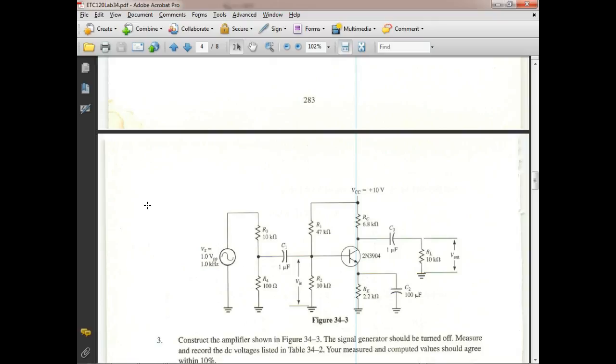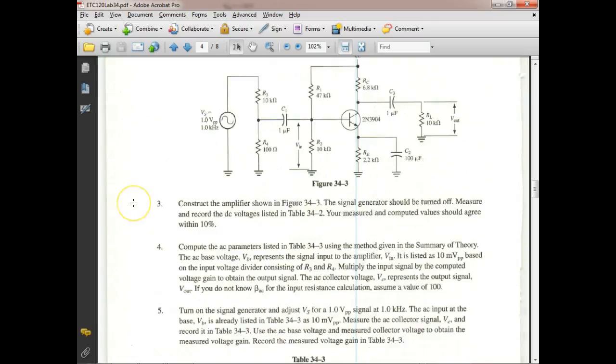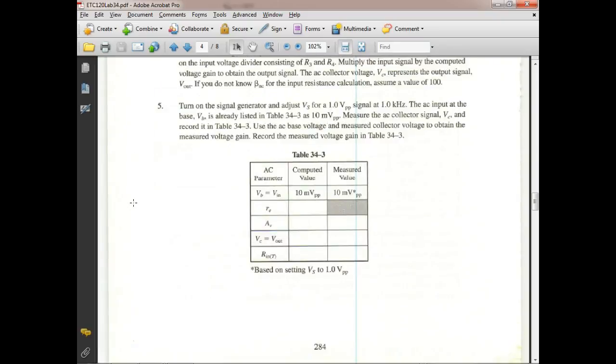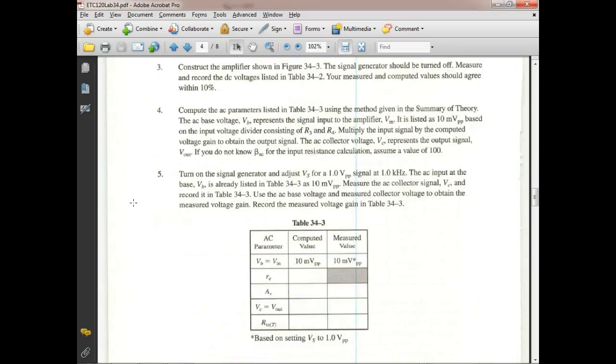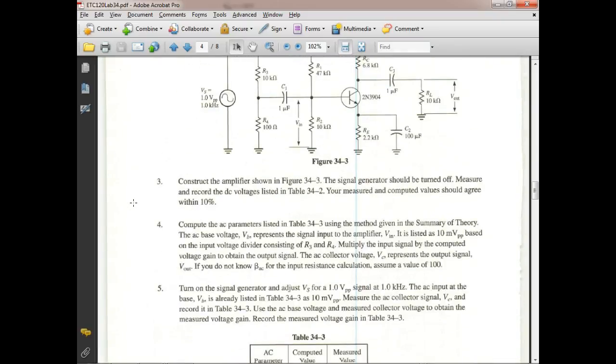We just finished up lab 34. So I only got lab 31 from Kareem and Courtney.